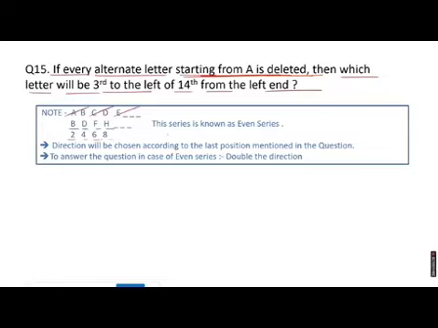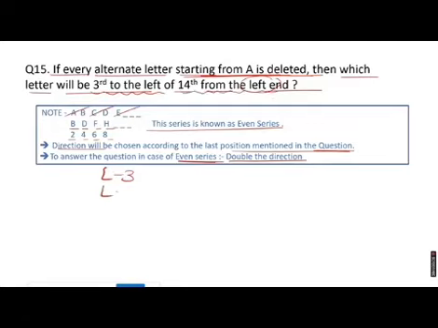We have already discussed that it is an even number series, and here the direction is chosen according to the last position of the question, that is left. And to answer the question in case of an even number series, we have to double the direction, right? So in this case, it is given that third to the left of 14th from the left end.